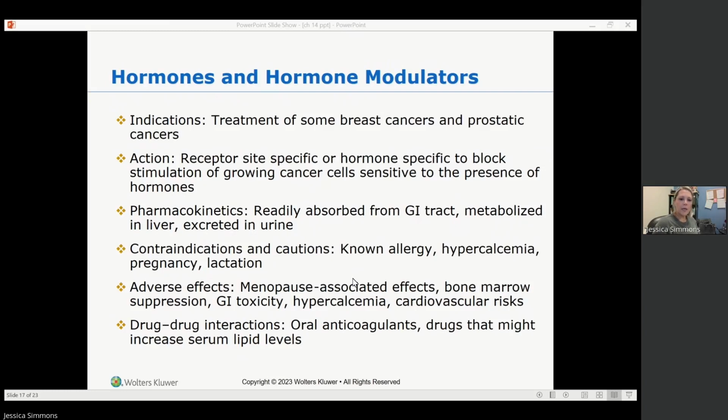And it's really important to understand the side effects and help your patients and educate them throughout this process. Okay. That's really important to me, and that should be really important to you as a nurse.